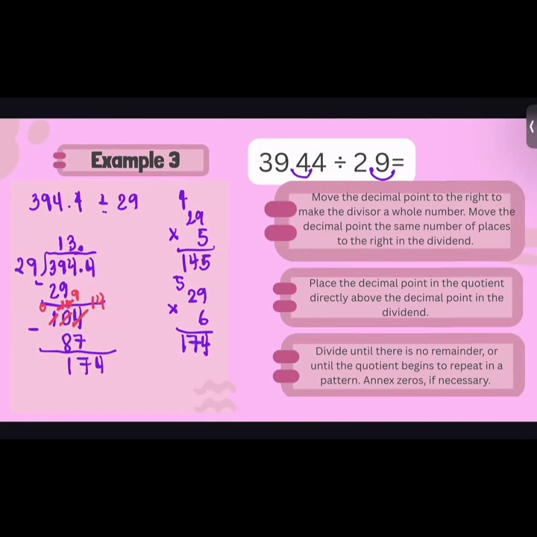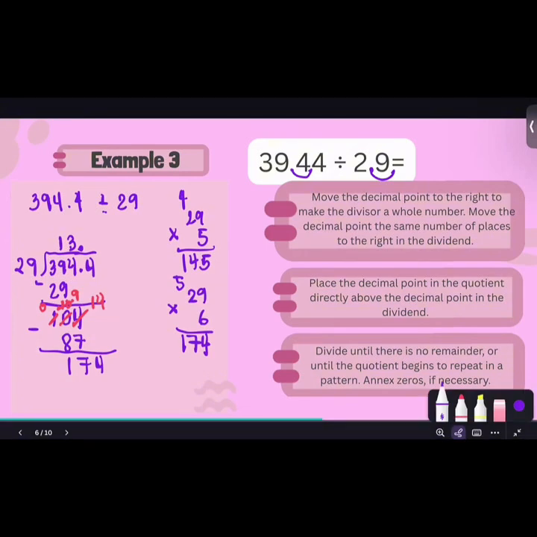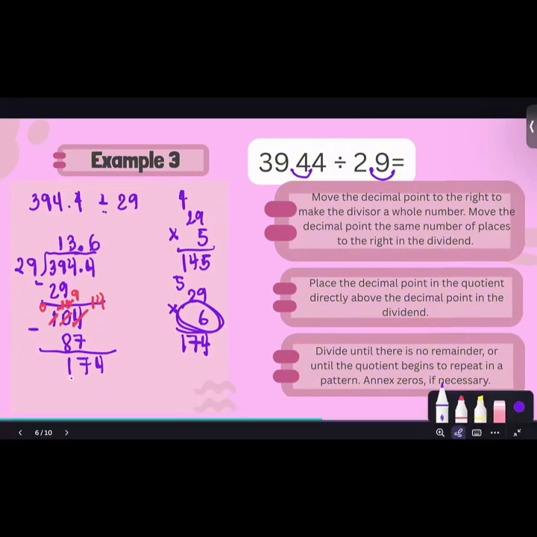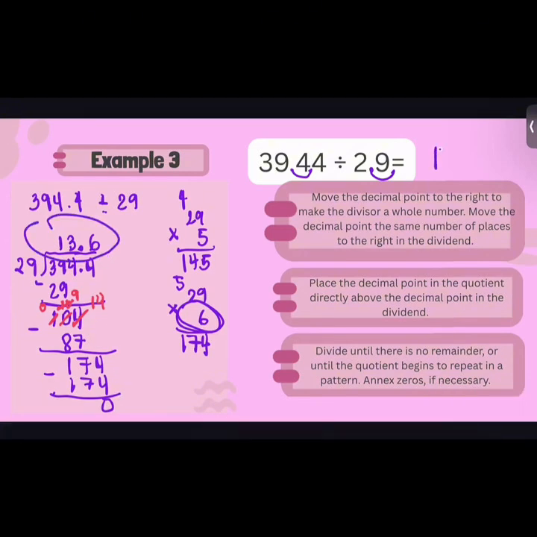So, since pasok pa rin po siya kay 174 and it is equal, then we are going to use 6. So, 174 divided by 29, so this is 6. Then 6 times 29, it is equal kay 174. And when we subtract, it is equal kay 0. So, since 0 na po ito at wala na pong next digit na i-bring down, then our final answer is 13 and 6/10.